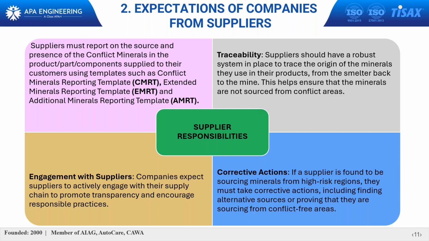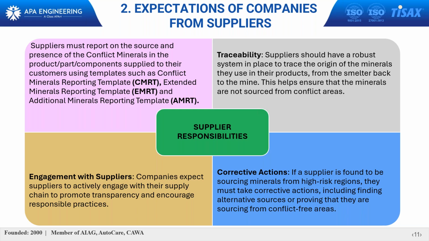They must utilize standardized reporting tools such as the Conflict Minerals Reporting Template CMRT, the Extended Minerals Reporting Template EMRT, and the Additional Minerals Reporting Template AMRT. These templates help establish traceability and ensure transparency in the supply chain.